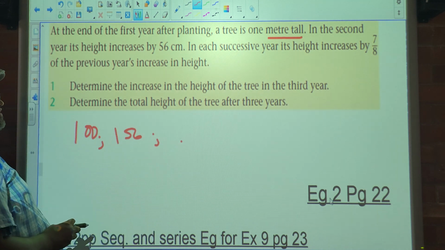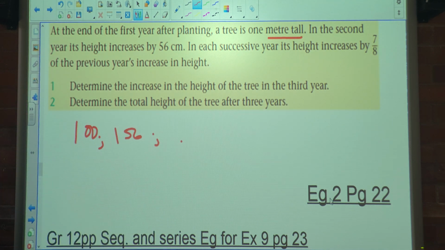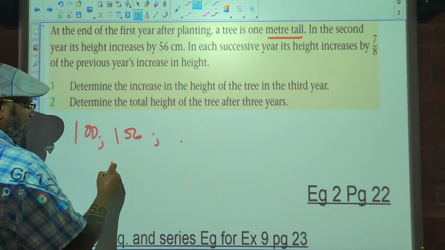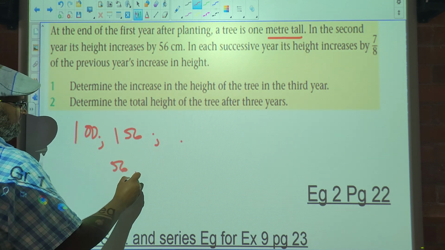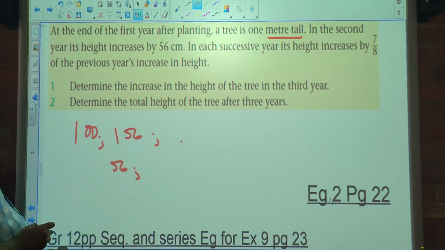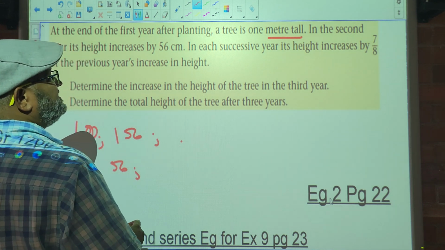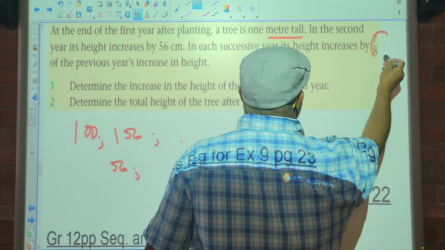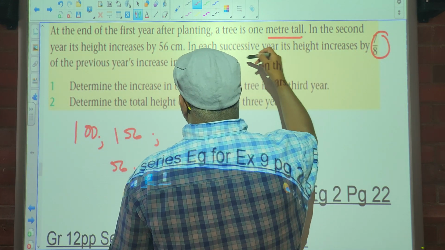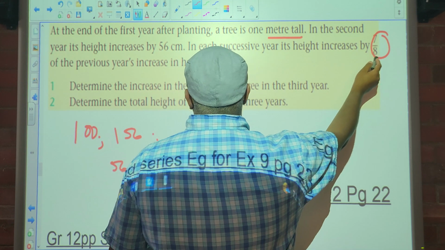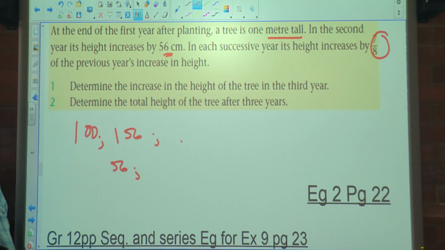If you're looking at the increase in height, the first year is what it is. The second year it was 56, and then the third year it increases by 7/8 of the previous year's increase in height. So 7/8 of 56 in other words. You guys understand?